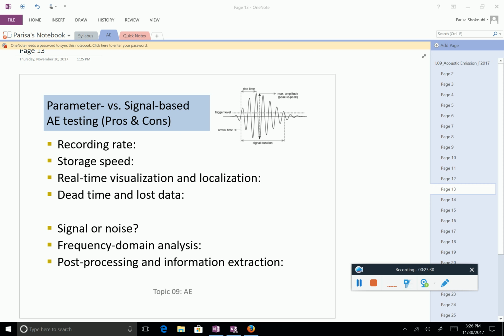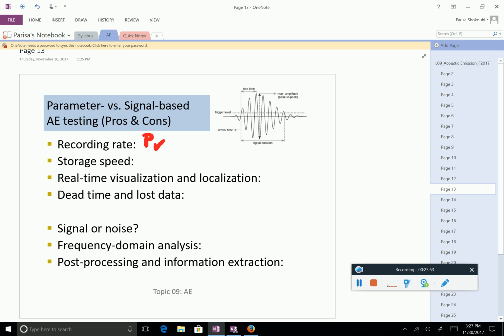Parameter based, does it have an advantage over a full waveform? Yes, probably you can record faster. So parameter based probably has more advantage here in storage speed.